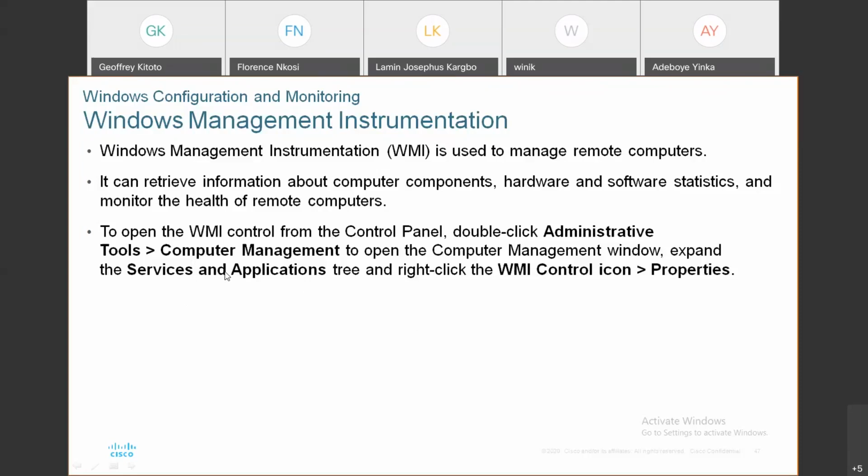To access this feature in the control panel, double-click administrative tools, then computer management. To open the computer management window, expand the services and applications tree, right-click this one, then properties. You get it there. They are all available in the control panel. Just follow the path that has been specified, and you get everything there.